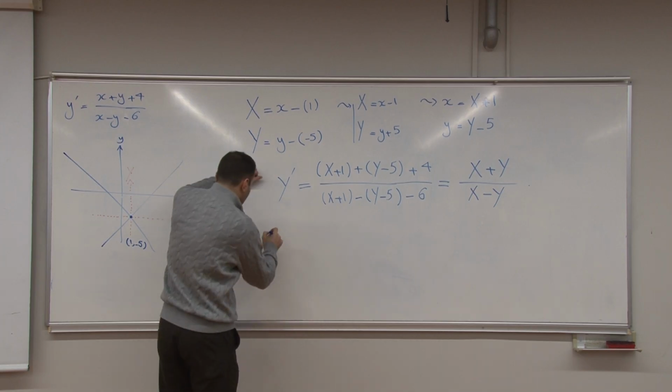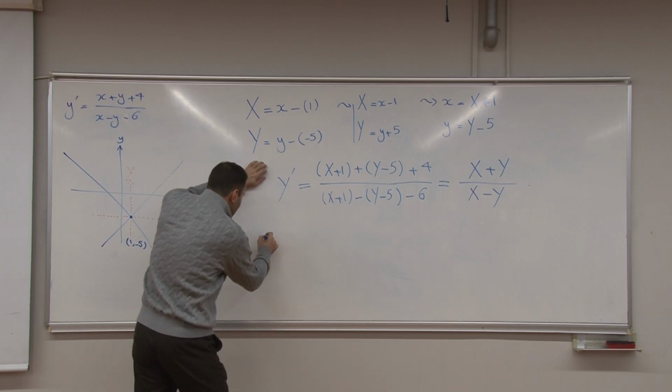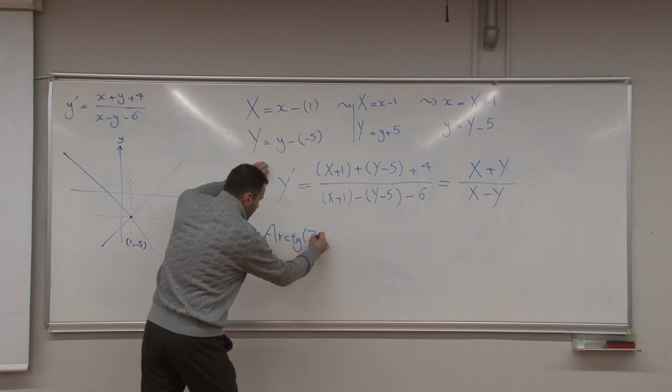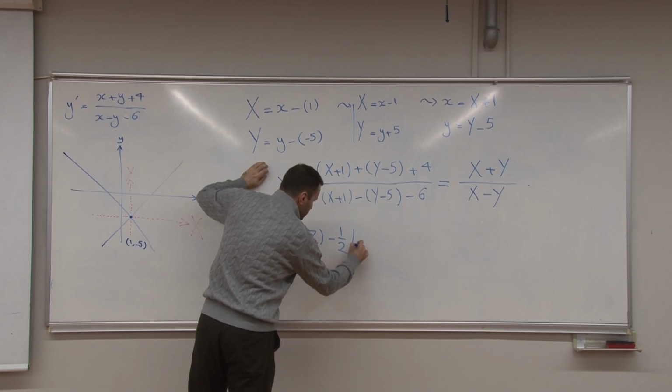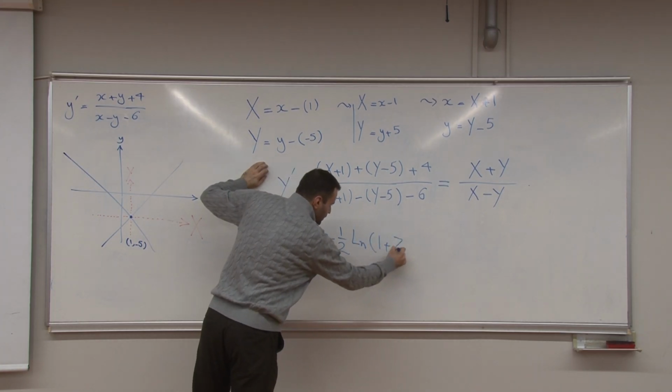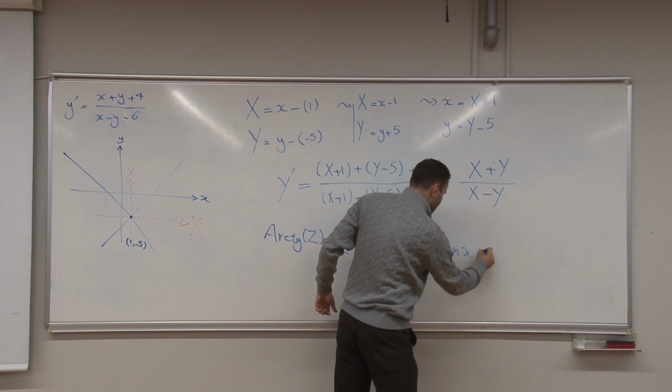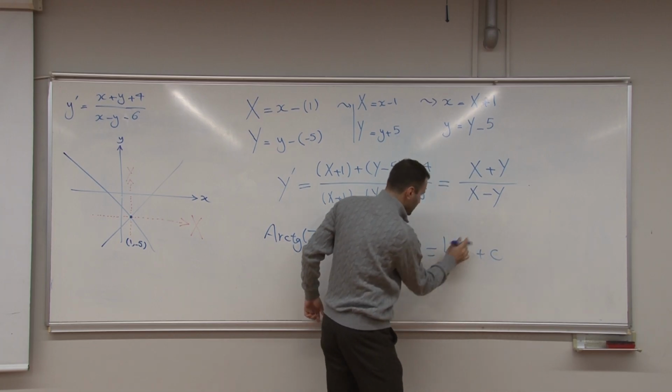It was, I think, arctangent of z minus 1 over 2 ln of 1 plus z to the power of 2 equal to ln of x plus c, and this is the capital X actually.